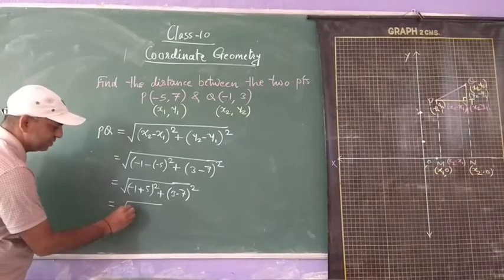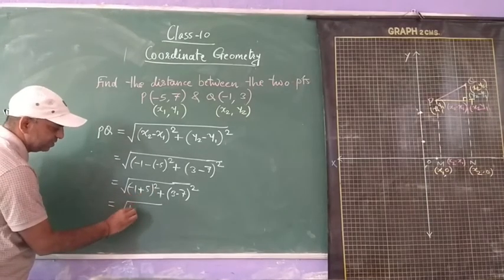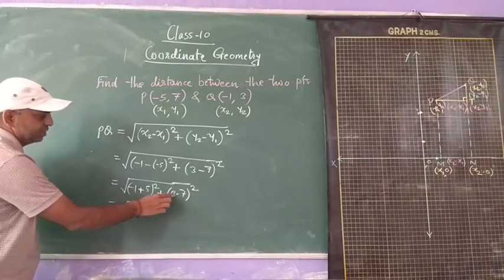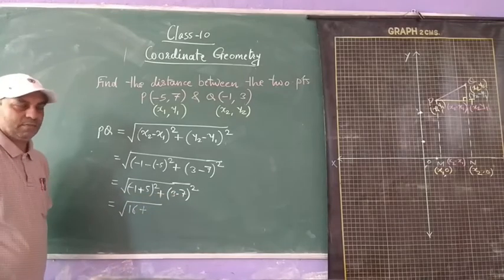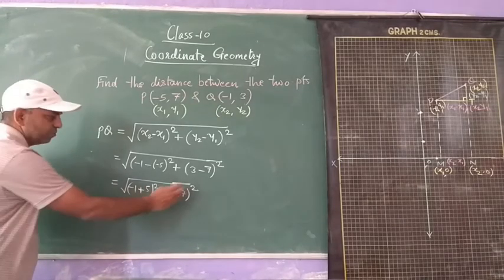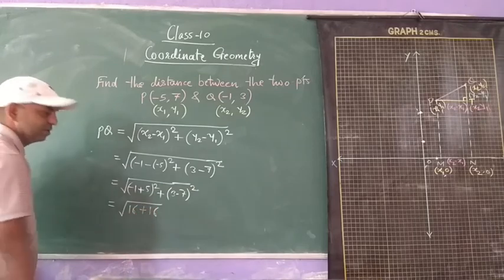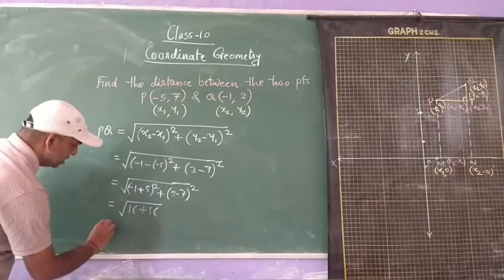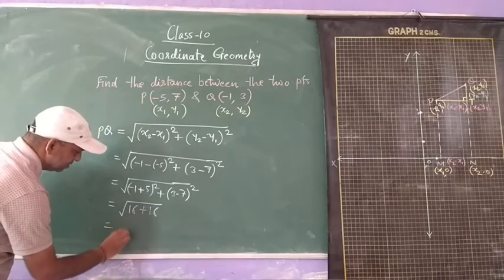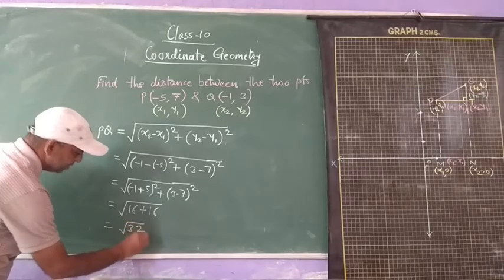Is equal to minus 1 plus 5. Minus 1 plus 5 is 4 and 4 square is 16, plus 3 minus 7 is minus 4, and minus 4 square is also 16. So here 16 plus 16, that is 32.